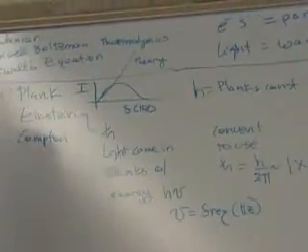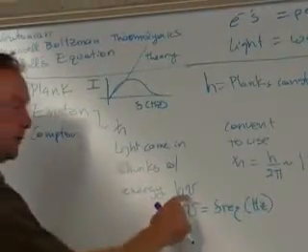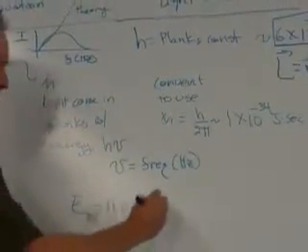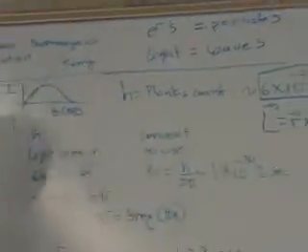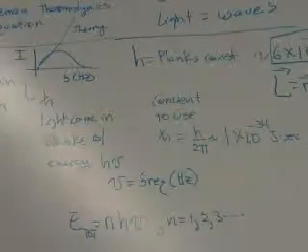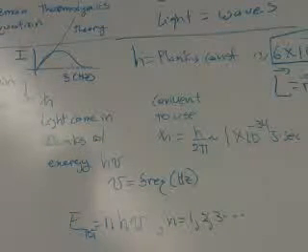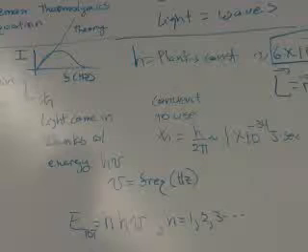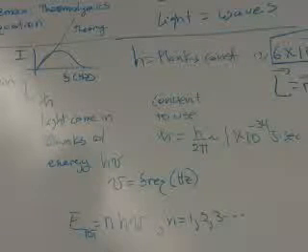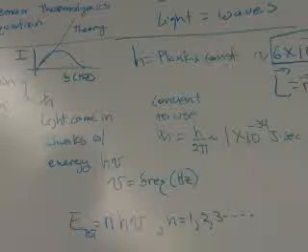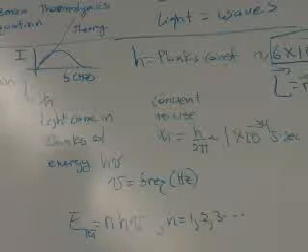So what he found out is that in general, for light of a given frequency, you could have n times h nu, so E total, n equals 1, 2, 3, and so on. So light had this fundamental unit of energy, h times frequency. But the intensity of the light had to do with how many chunks of this you had. Did you have one chunk of h nu, or two chunks, or three chunks, or four chunks?